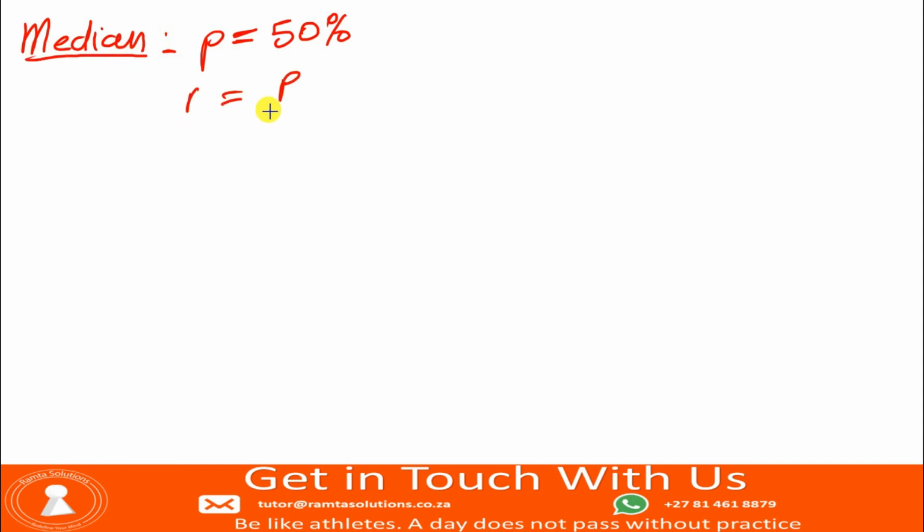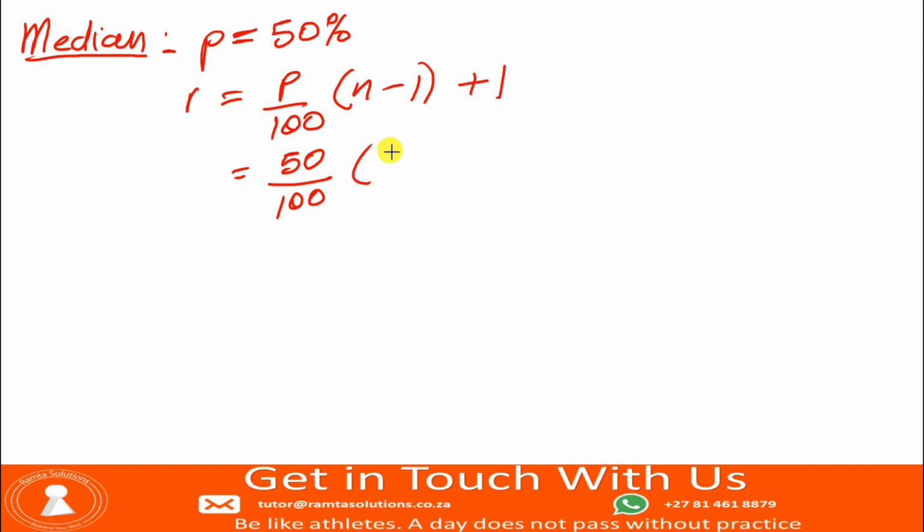R equals P over 100, of course, multiplied by (n minus 1), plus 1. So this is 50 over 100 times 9 minus 1, plus 1. So this will be 0.5 multiplied by 8, plus 1. It is 5.